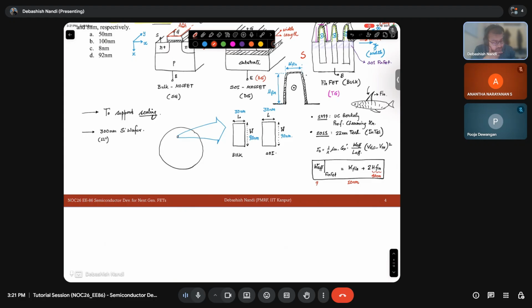To get W effective of 90 nanometer. Just an example. Is that okay? Yes, sir. If that is fine, now tell me what will be the size of this box in case of this FinFET?